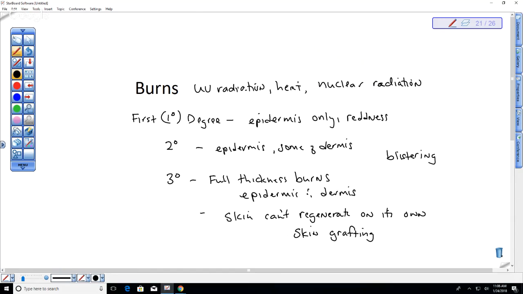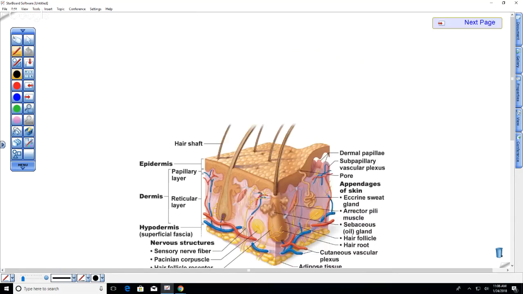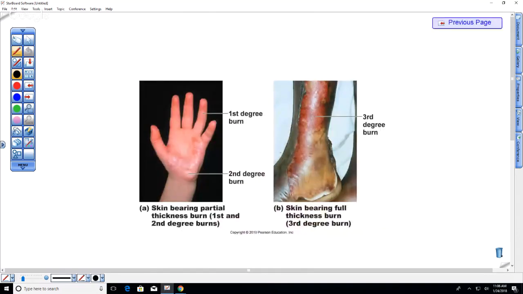So one of the things about being burned that's kind of interesting is that it actually takes a lot of protein to repair the burn. If you think about it, our skin has a lot of protein in it. It has keratin and it has collagen in the dermis. And so in order for a person to be able to, if you graft it, repair the damage, you would have to give them lots of protein.